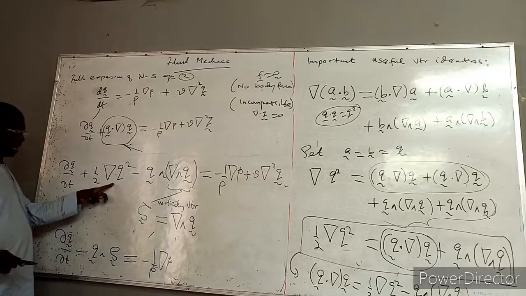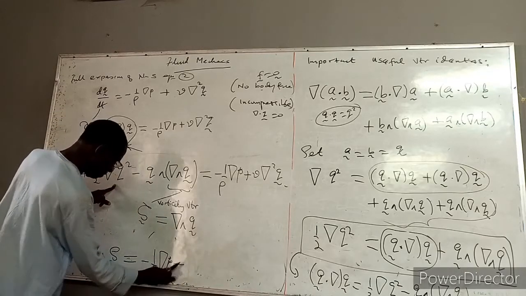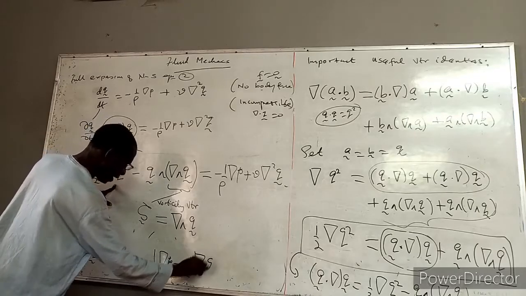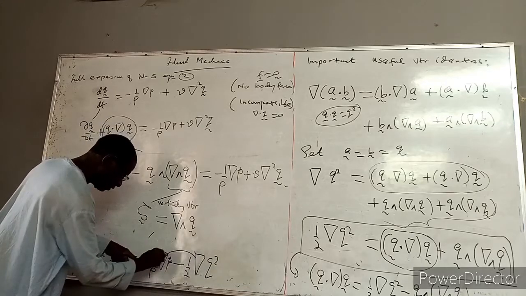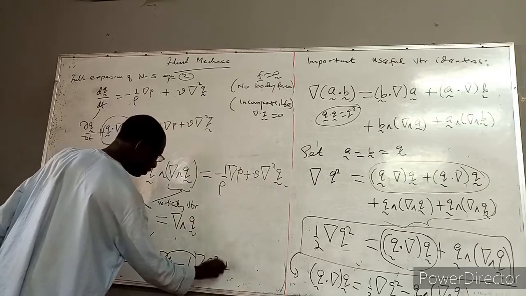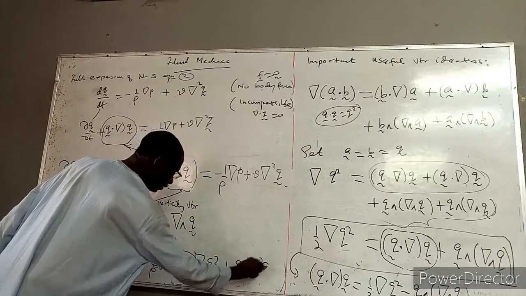This equally crosses to this side, then minus also 1 upon 2 grad q square. You can see this is grad, this is grad, so if you like, you can link them together. Then plus nu del square q.